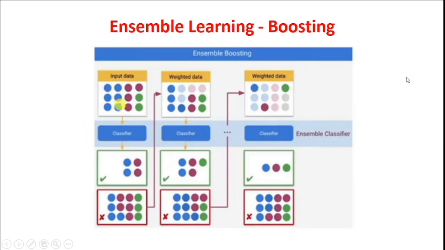Model 1 gives some error, that error is given as an input to model number 2, which trains on that error and reduces it, and gives the remaining error as an input to the next model. In the same way, at the end the model accuracy gets improved. Fine, this is called boosting.